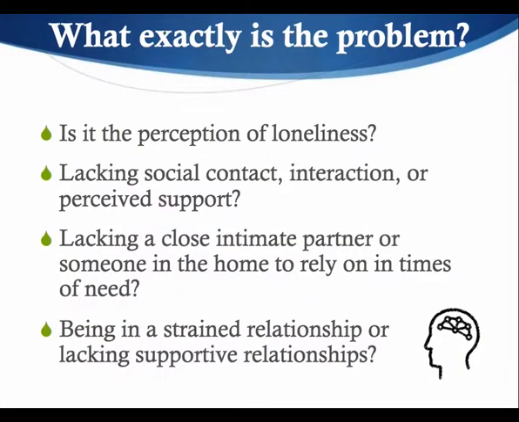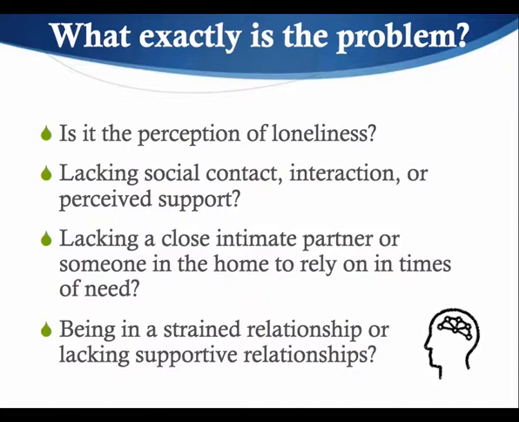So in terms of really defining what exactly is the issue or what is the problem, there are often a lot of other terms used as well. And so it's really important to recognize, is it the actual perception of loneliness that's the issue? Is it lacking social contact or interaction? Maybe it's lacking a close, intimate partner or someone in the home to rely upon in times of need.